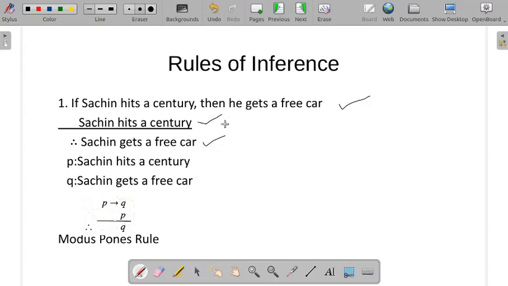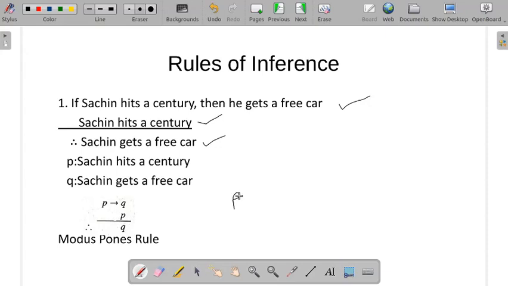Let's convert them into symbolic form. So P, Sachin hits a century. That's the first proposition or premise we can tell. The second one will be Sachin gets a free car. He gets a free car, Sachin gets a free car, both are same. Okay, if then is a conditional statement.